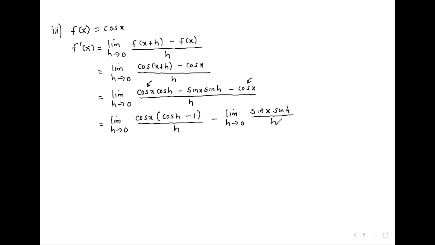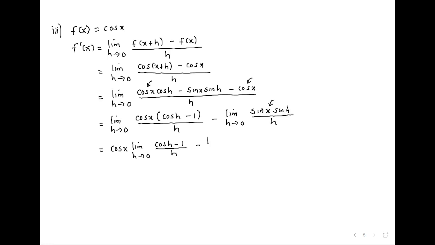Now, because we are talking about h approaching 0, x has nothing to do with this limit, so cos x can be taken outside, and we remain with the limit as h goes to 0 of cos h minus 1 over h.